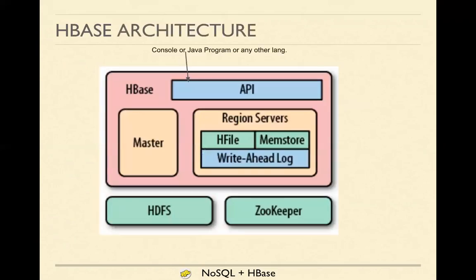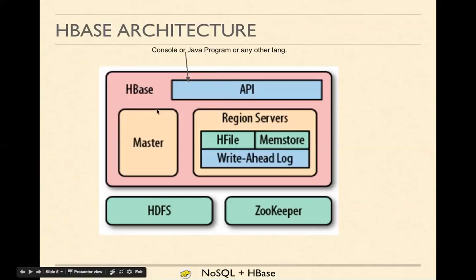All right, so this is the classic diagram of HBase. It lives on Zookeeper and HDFS. Keep this in mind. HBase is made up of one master and many region servers.